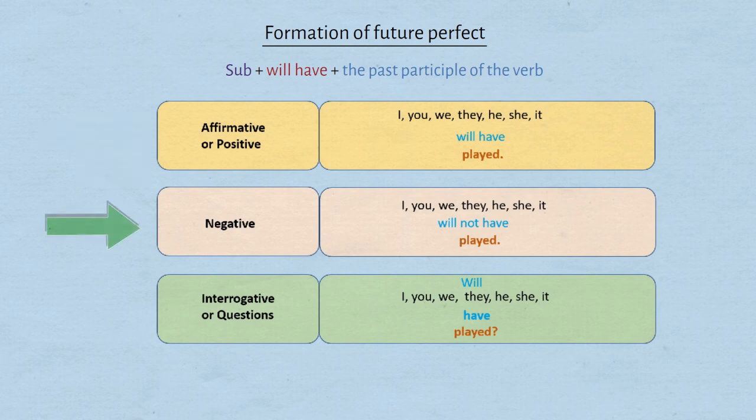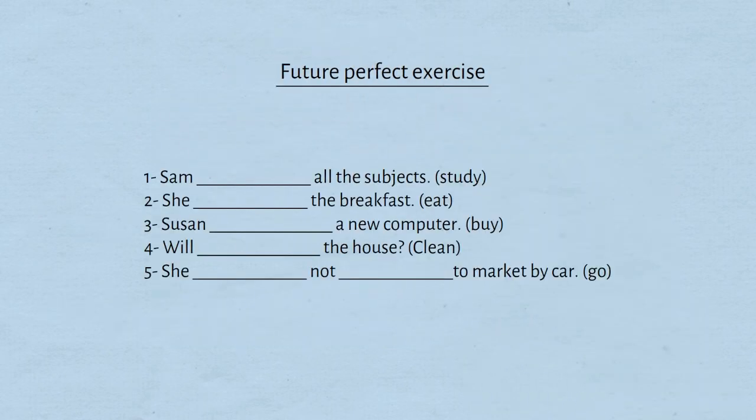Negative: I, you, we, they, he, she, it will not have played. Questions: Will I, you, we, they, he, she, it have played? So now pause the video and try to complete the following sentences using given verbs.